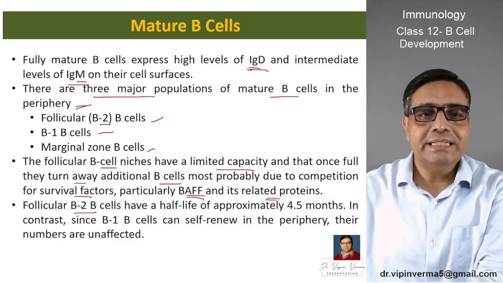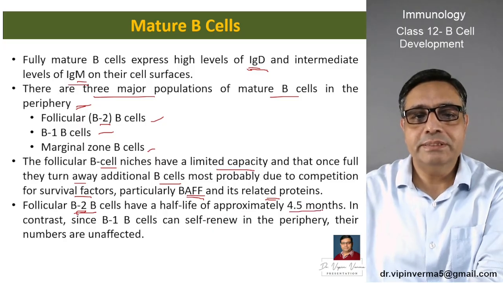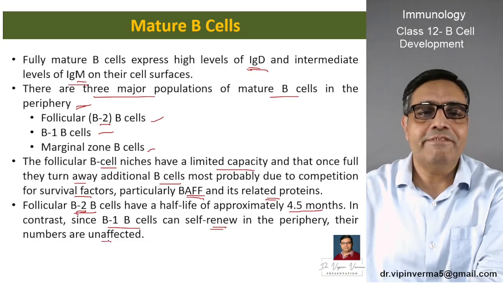Follicular B2 cells have a half-life of approximately 4.5 months. In contrast, since B1 B cells can self-renew in the periphery, their numbers are unaffected.